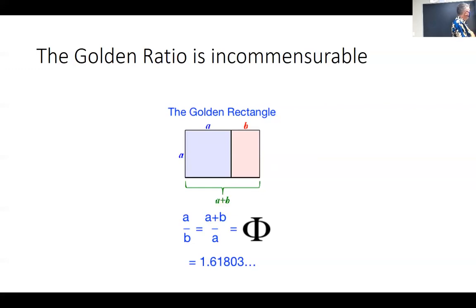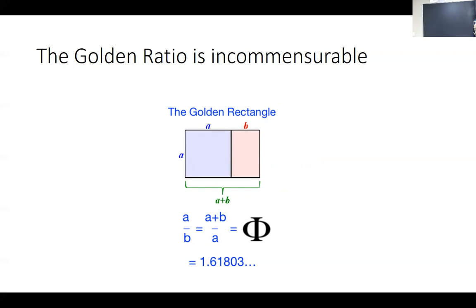A more direct way is if we look at the golden rectangle, which is the rectangle whose large side to small side is the golden ratio. And so the definition of the golden ratio is that this large rectangle here is similar to this small rectangle there.